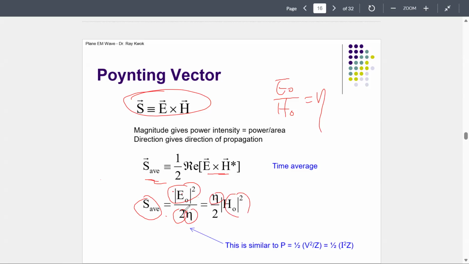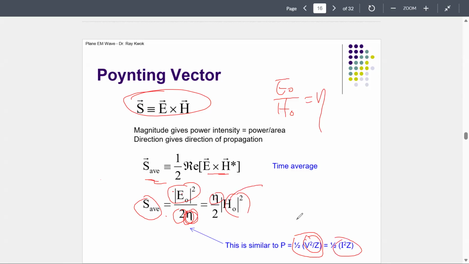So I want to point it out because electric field is related to voltage, and this is impedance. So this is sort of like 1/2 V squared over Z. What is V squared over Z? The power, V squared over R, right? Power. H is related to the current.